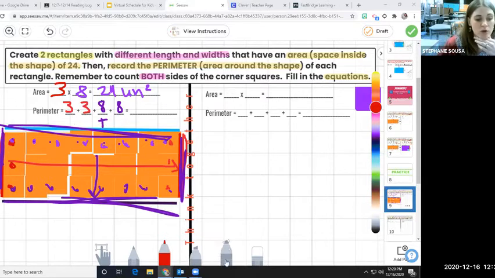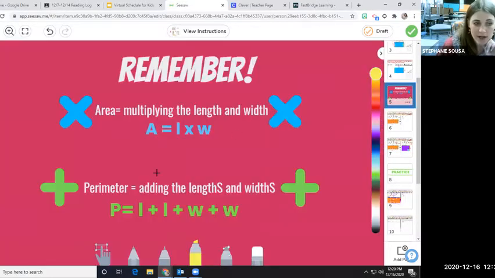So where we were struggling yesterday was right here with our perimeter. This was a tough one for us. When you add the perimeter, remember, look right here, you have a formula. You are adding the lengths plus the widths. There's more than one length. There's more than one width. So you're going to add length plus width plus width.